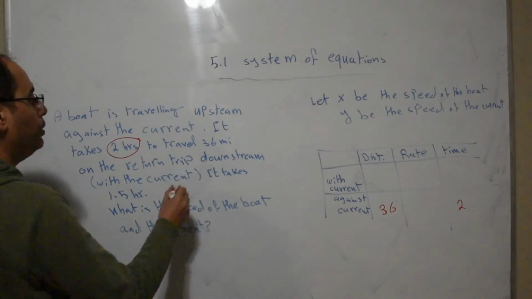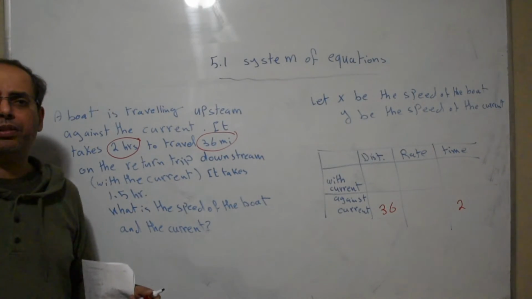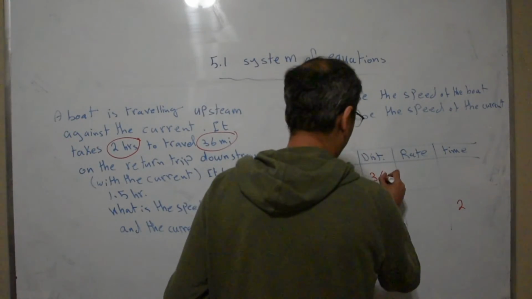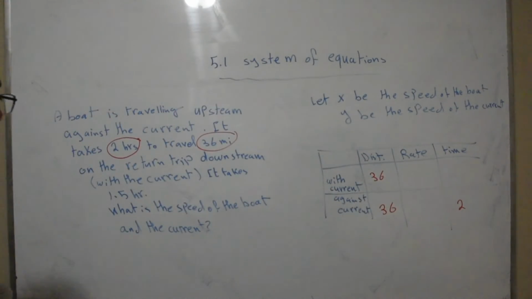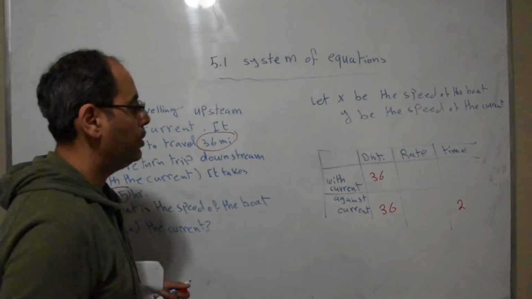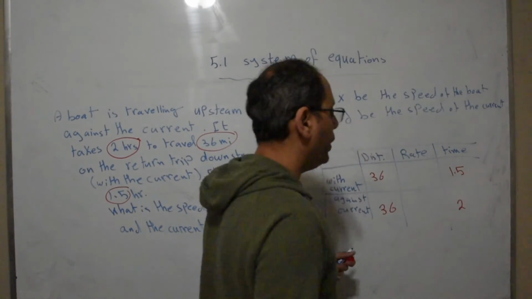Now let's circle. On the return trip, what's the distance on the return trip? The same, right? So that must be 36. It takes 1.5 hours. Okay.